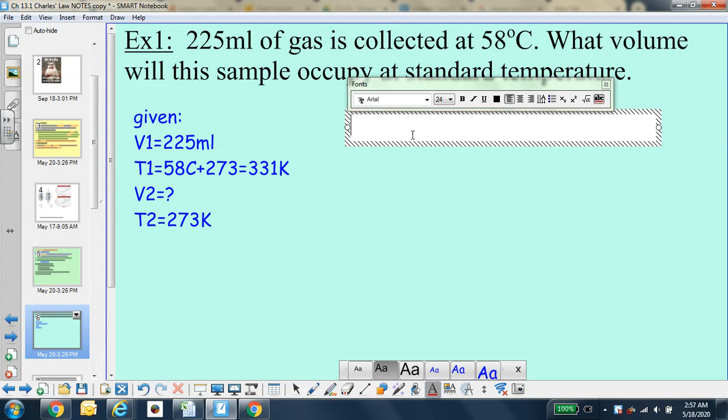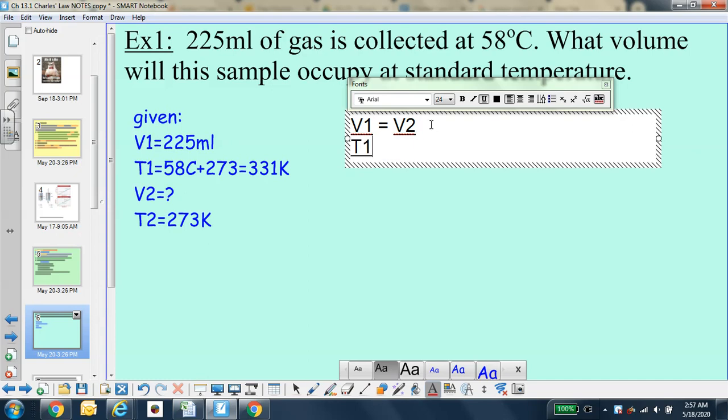So our formula for Charles' law is volume 1 divided by temperature 1 equals volume 2 divided by temperature 2. Now, in this case, we need to solve for volume 2.